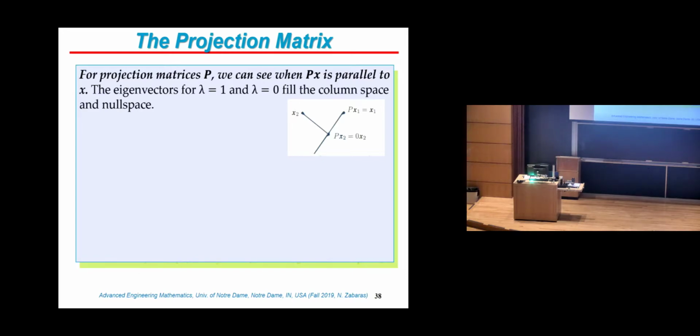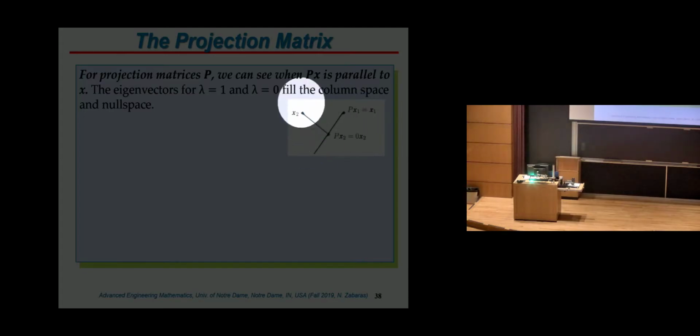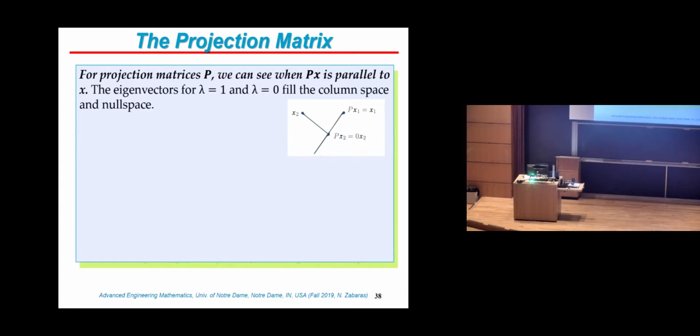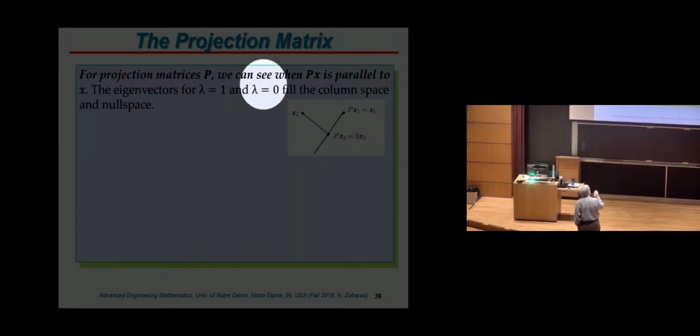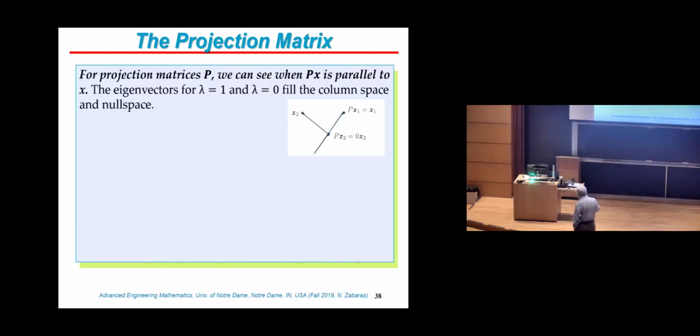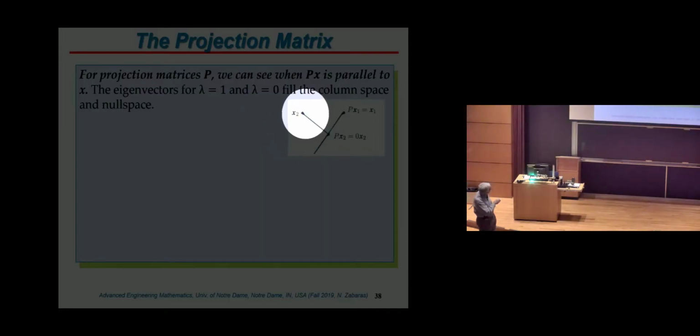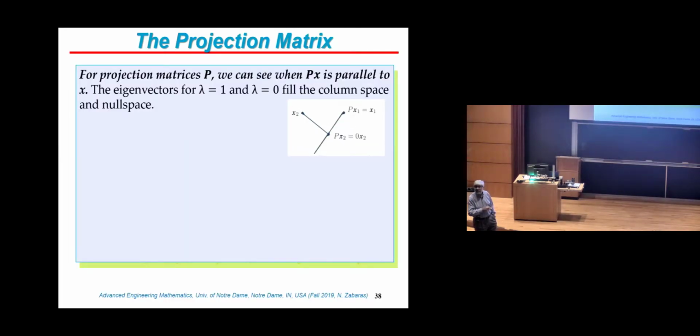That's the left null space. If these are orthogonal complements, the only thing they share together is the 0 point. So the projection P of x2 is 0. So effectively, we have an eigenvalue equal to 0, which doesn't look very good because you remember we said we're looking for non-zero eigenvalues. But you notice the eigenvalue is 0, but that doesn't say that x2 is 0. x2 is not 0.